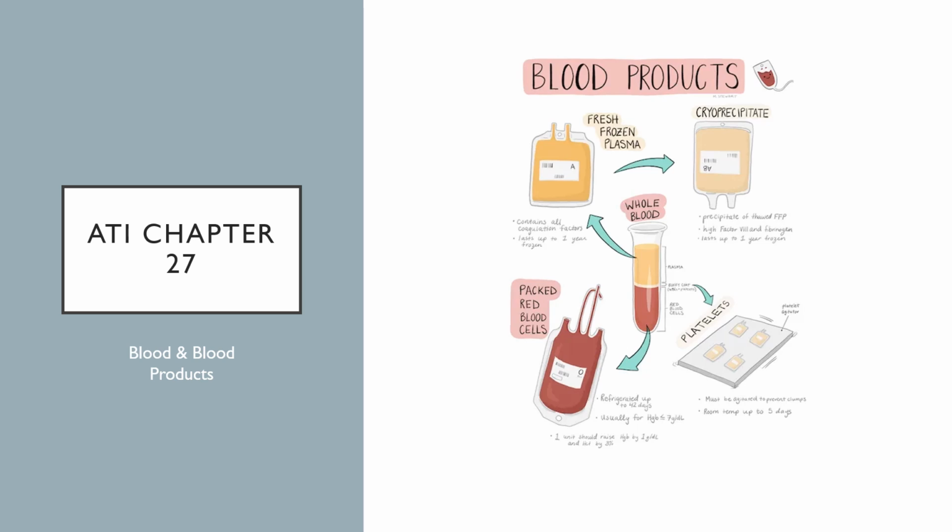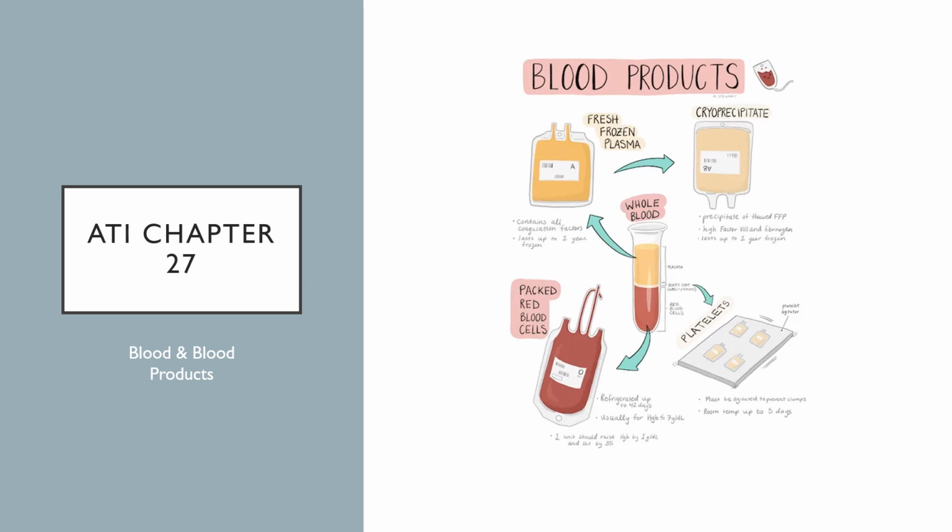You can get packages of platelets. Okay, the last one is cryoprecipitate, and that was very, very concentrated fresh frozen plasma from many, many different donors, and that was used for patients with hemophilia years ago because it had a very high concentration of clotting factors.